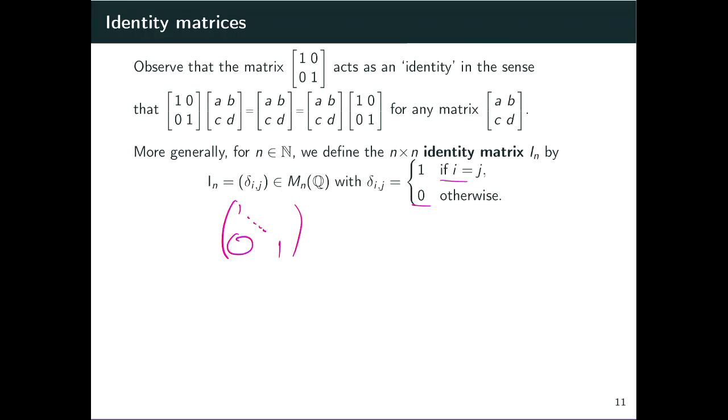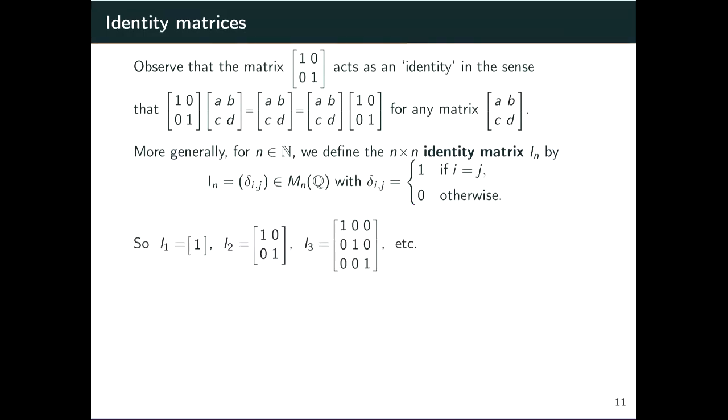So I'll write a big 0 for every other position. So on the diagonal entries, so when i is equal to j, so the same number for the row and column, then you put 1s. And then otherwise, you're going to have 0s in those positions. That's the identity matrix of size n. So this is an n by n matrix.